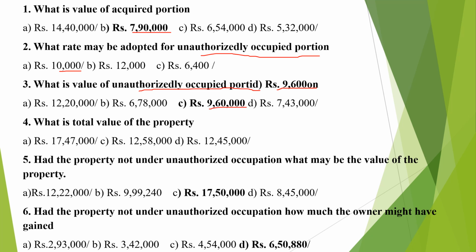What is the total value of the property? We have already calculated 10,99,120 approximately. Had the property not been under unauthorized occupation, we might have got 17,50,000. Had the property not been under unauthorized occupation, how much might the person have gained? It is 6,50,880, which we have calculated.